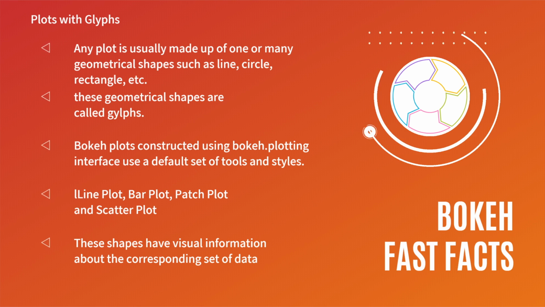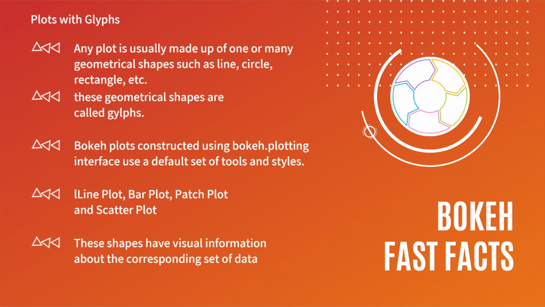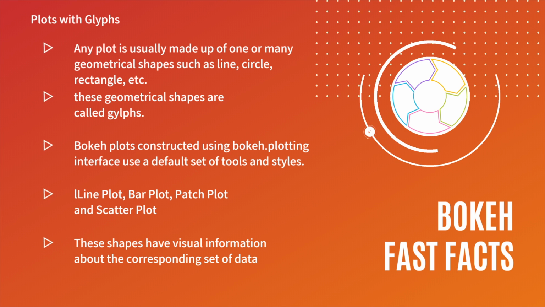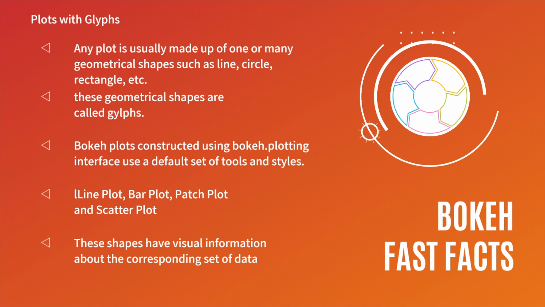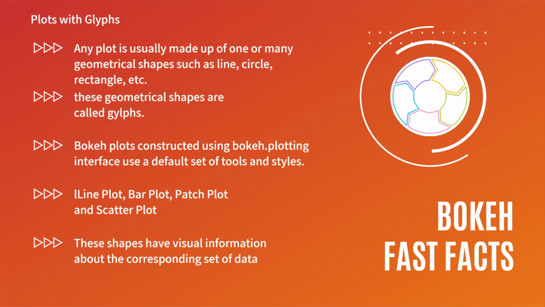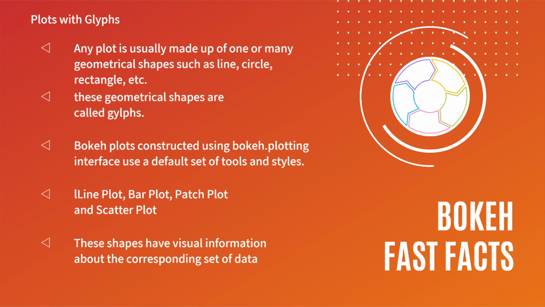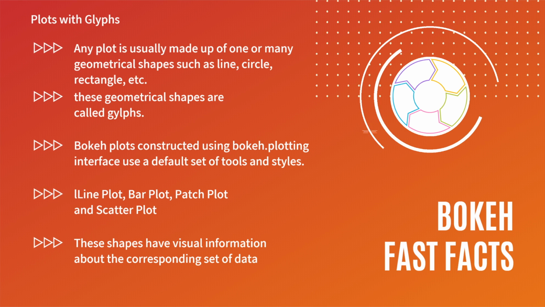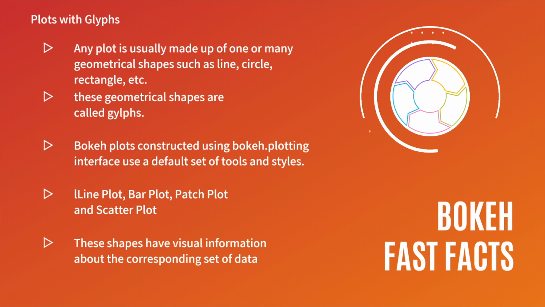Now, Bokeh plots are constructed using the bokeh.plotting interface. That's the major interface that you would use for all our default styles, tools, and parameters that we need. And we'll be discussing line plot, bar plot, patch plot, and the scatter plot. These shapes will give you a lot of visual information about whatever set of data or data sets you want to visualize.